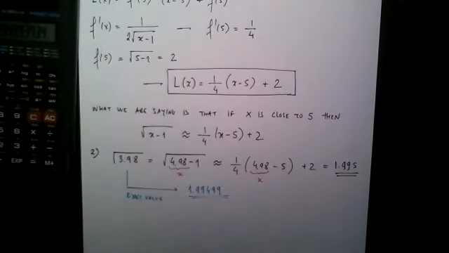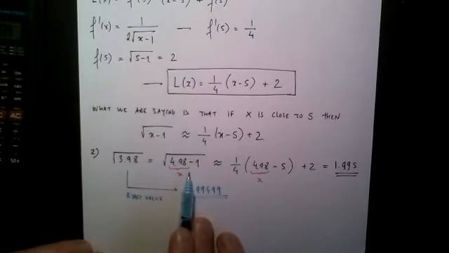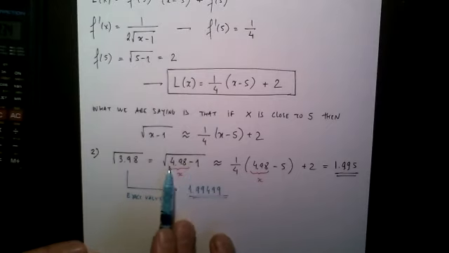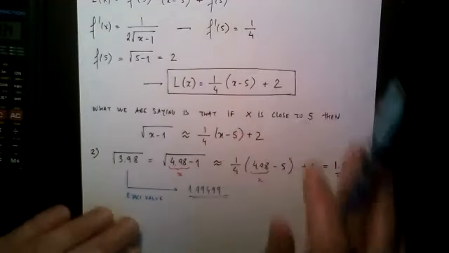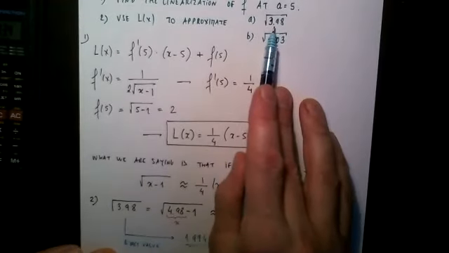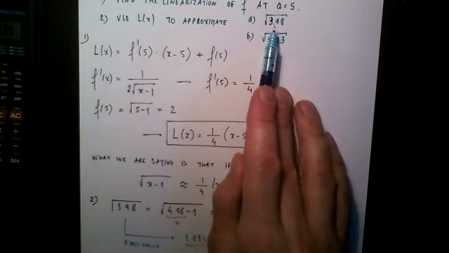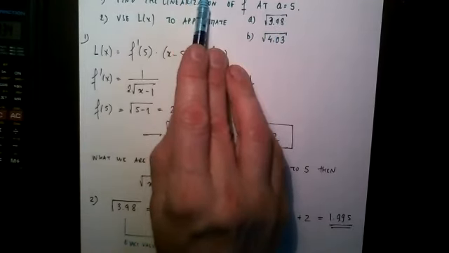Sorry, could you repeat the part where you did the square root of 4.98 minus 1, because my Wi-Fi cut out? Sure. So how did I get this here? Where is this from? That's what you're asking? Yeah. My question asks me to estimate the square root of 3.98. So my function is the square root of x minus 1.